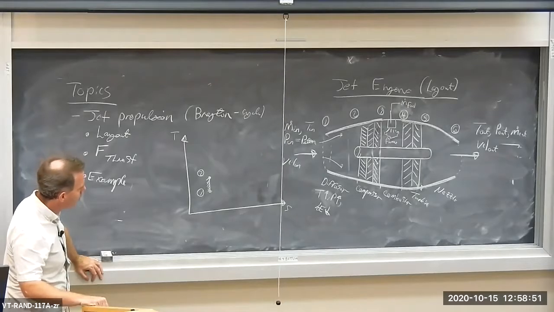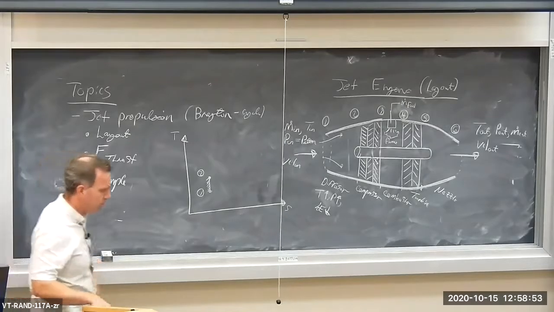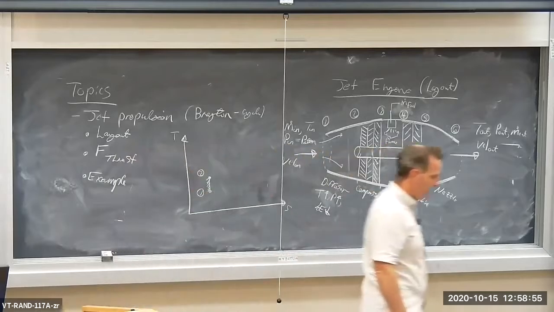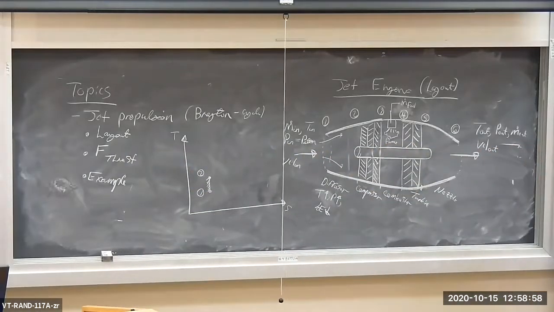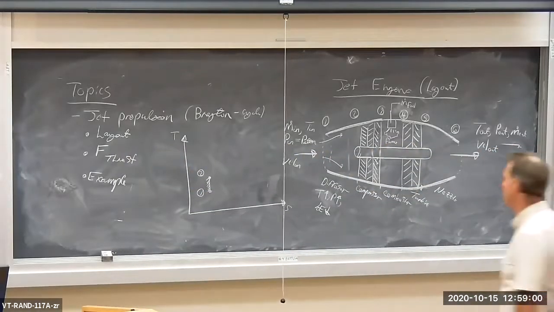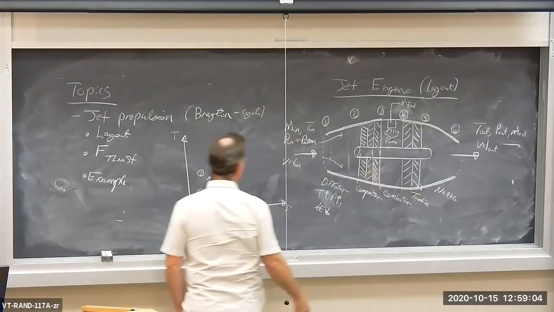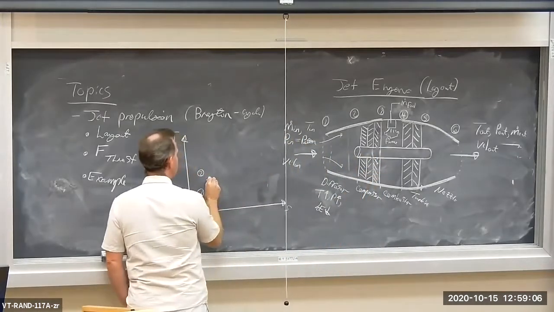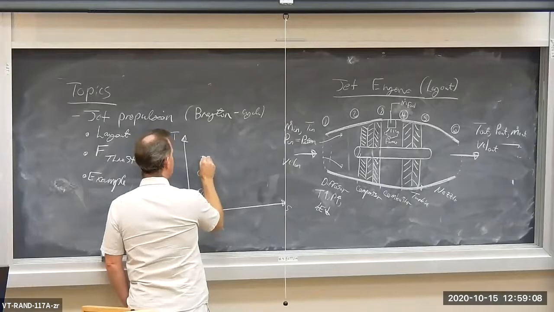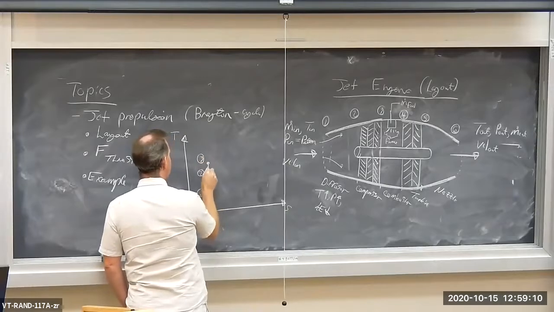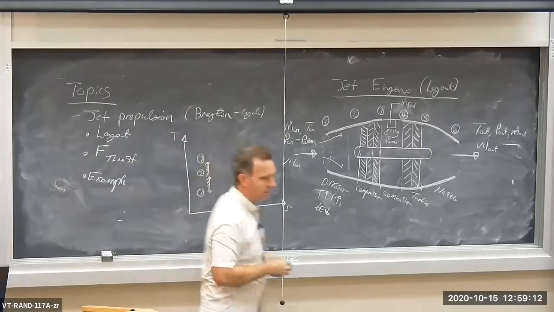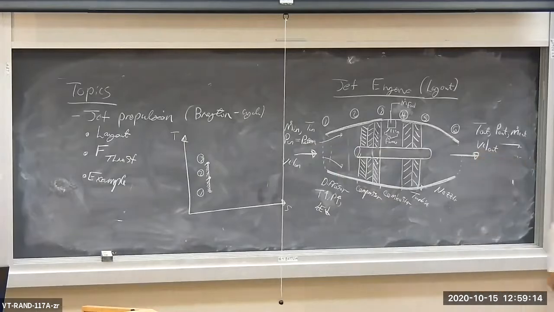Then we go through a compressor. Let's say the compressor is isentropic as well. So from state 2 to state 3, we go through a compression process. So here's the compression process. As you can see, we're assuming reversible diffuser and compressor at this point.